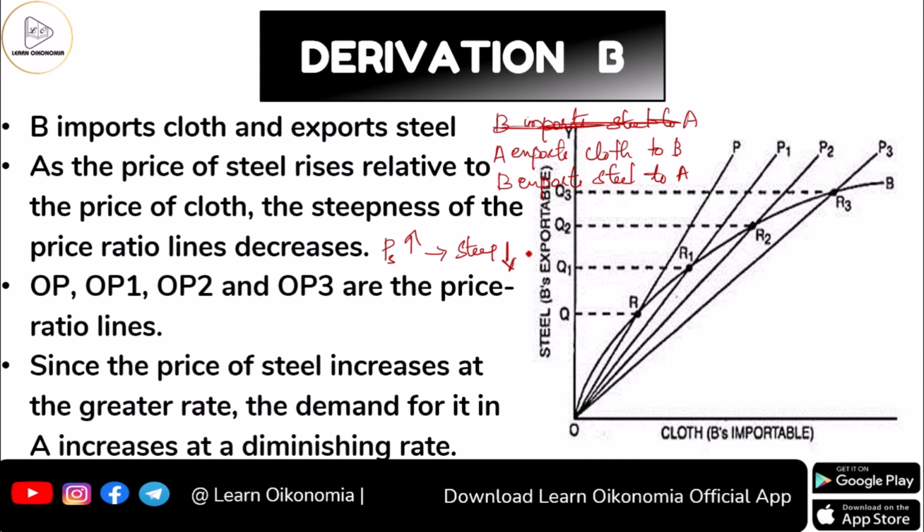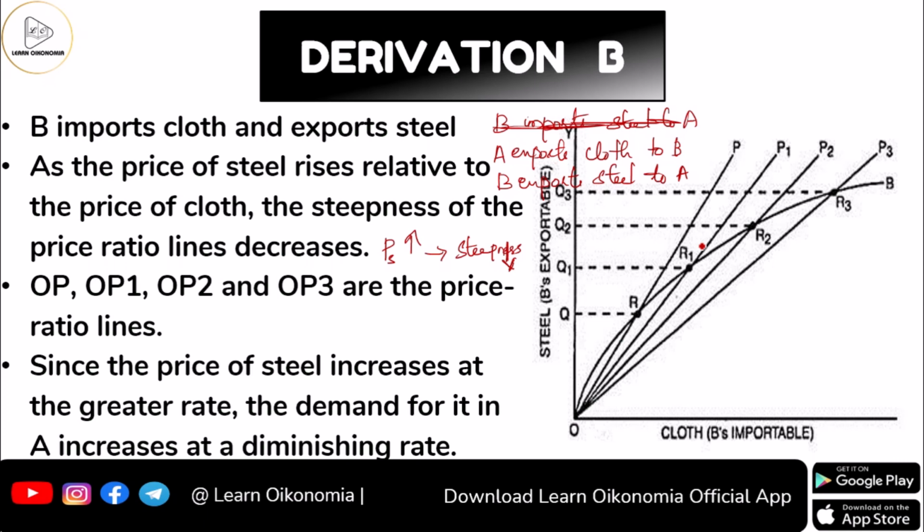Steepness would be there, but the steepness would be falling, isn't it? So if you look at certain lines like OP1, OP2, OP3, OP, etc. These are the different price ratio lines which are having reduced steepness.